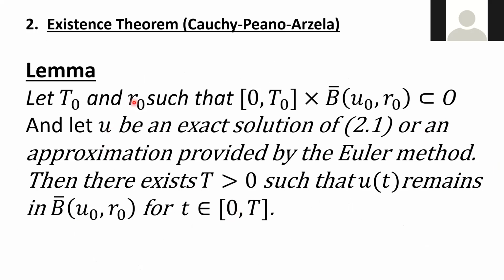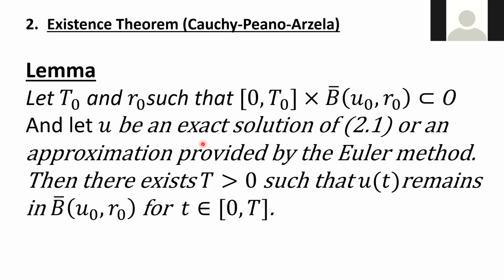Next, we have to do this remark. So I've defined the open set O at the beginning. So let's consider that we have some interval [0, T0] and a closed ball around U0 of radius R0 on which the function f is well defined and it's continuous.